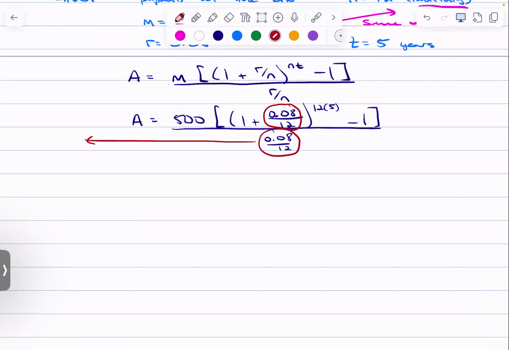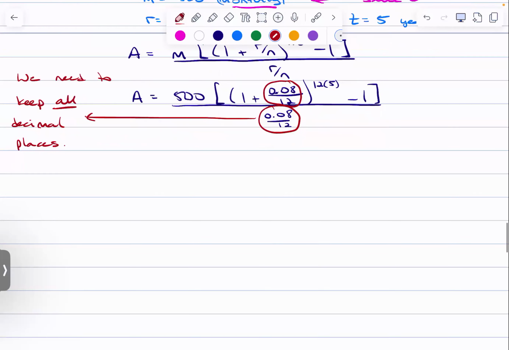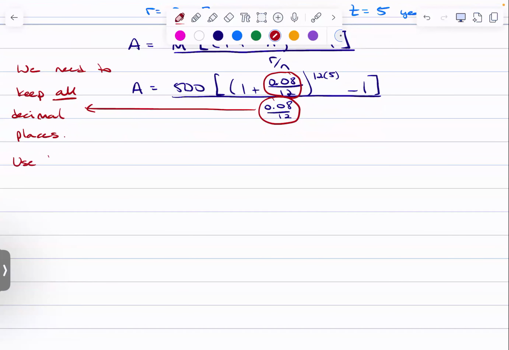We need to keep all decimal places. I'll say use the store function. STO is usually what it says, but it stands for store.